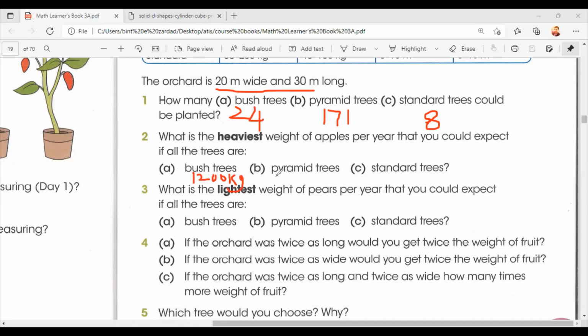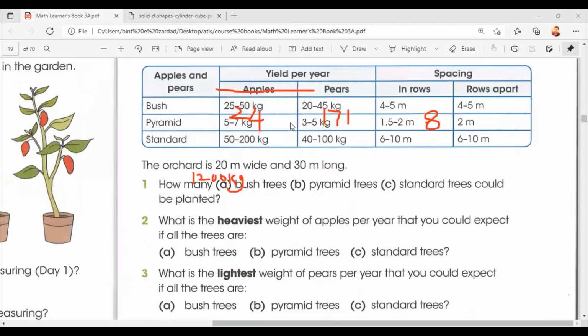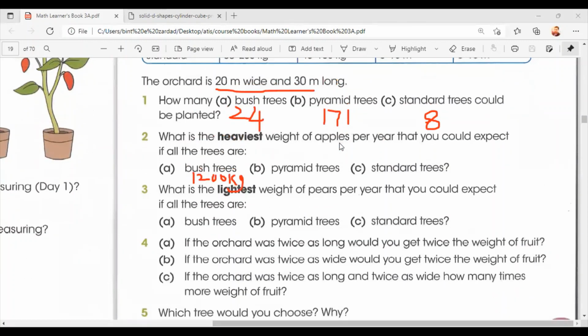And the same for pyramid, 171. 171 multiplied with which number? Multiplied with 7, okay, the highest weight. 7 multiplied by 171, so it is coming 1197.